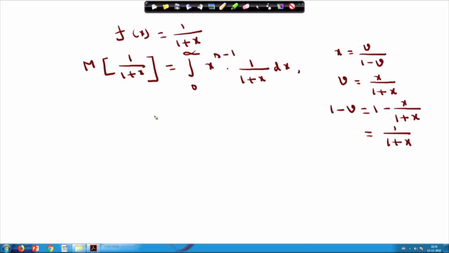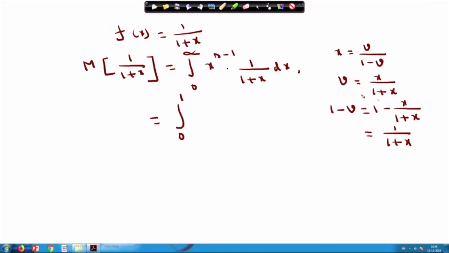So, if I put it here, you see your v is x by 1 plus x and x is v by 1 minus v. So, whenever x is 0, your v is equal to 0. And whenever you put x equals infinity, the limit becomes 0 to 1, because your value of v will be 1, because x by 1 plus x I can write as 1 minus 1 by 1 plus x, and so this becomes 1.